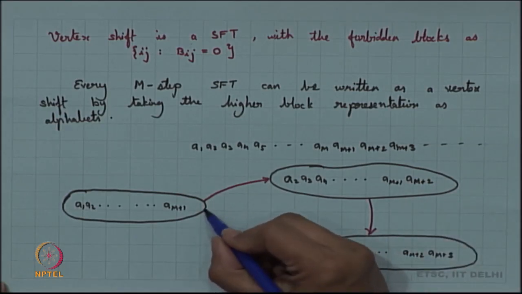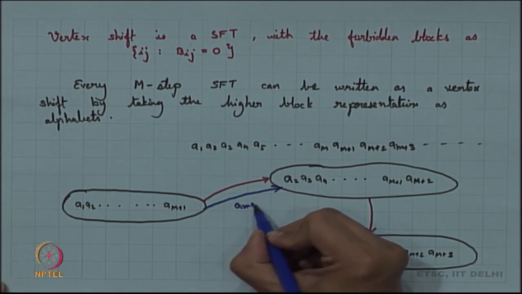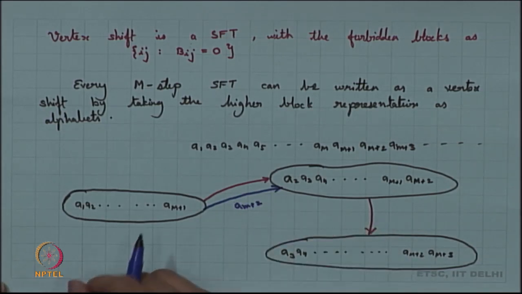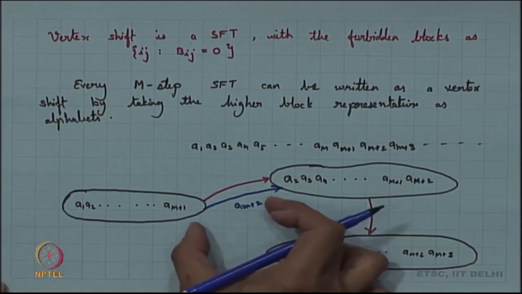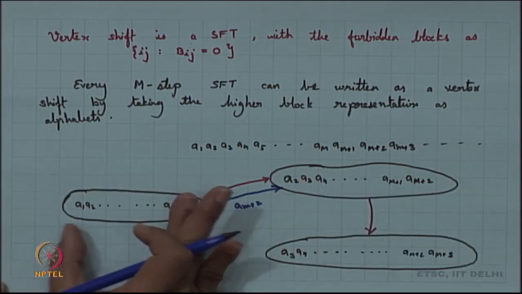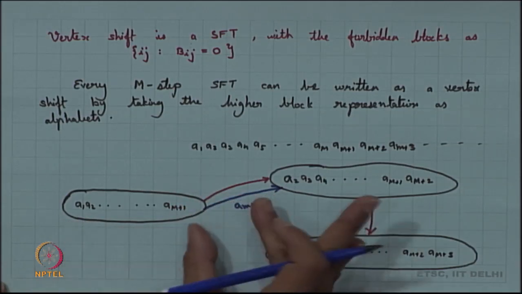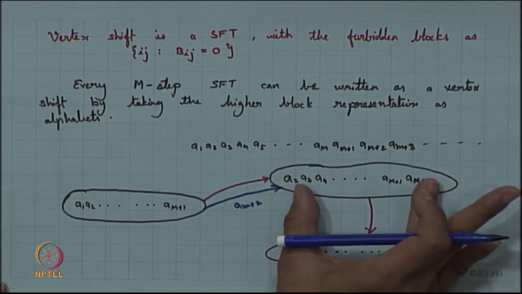So, you draw an edge here and you call this edge a_{m+2}. So, you have this factor a_{m+2} takes you to this particular factor. Then you are removing the first part, you are just retaining the last m plus 1, so this brings you here.